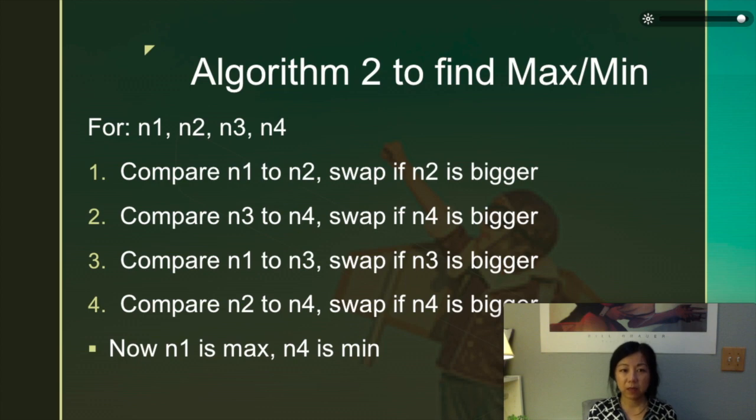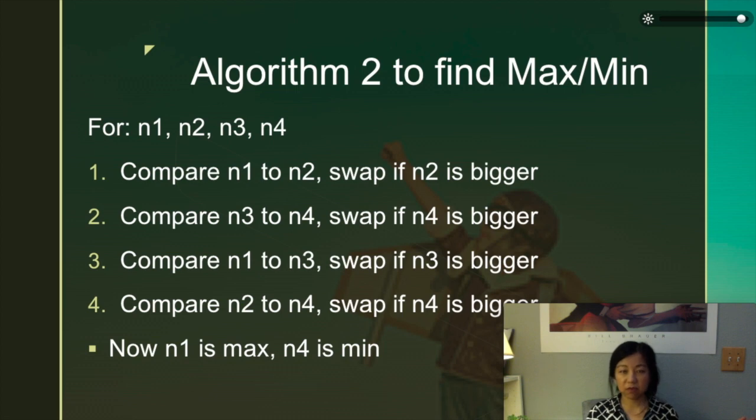You separate number 1, number 2, number 3, and number 4. You decide which of number 1 or number 2 is bigger, and then which of number 3 and number 4 is bigger, and then compare the biggest of both. Then you know which one is the biggest among the 4 numbers, and then you compare the smallest of both, and you know which is the smallest.